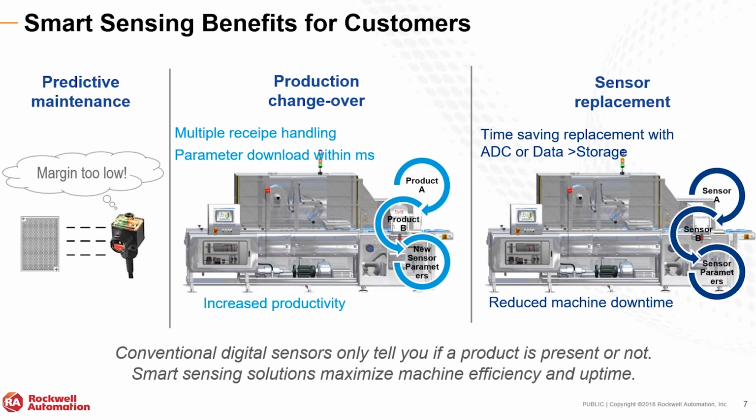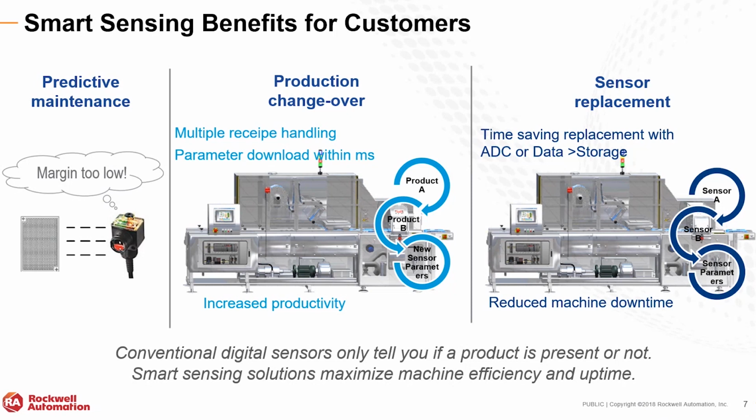And then the third bullet point here is sensor replacement. Think about having to replace a device on a Sunday night shift. You don't have the expert on the machine. That's normally how it happens, really. With an IO-Link device, you simply connect your new device, and once it is connected to the Logix architecture, we simply download the latest set of parameters into the device.